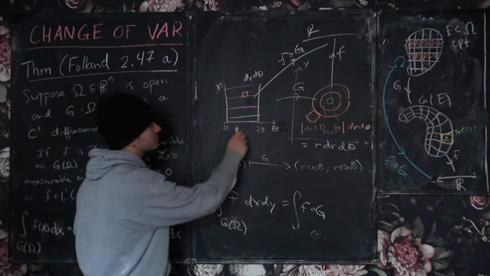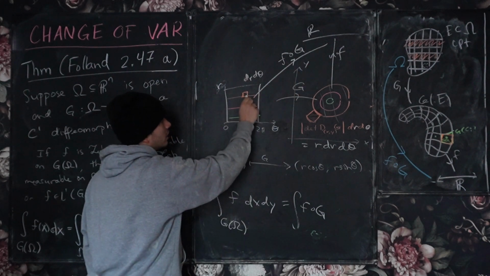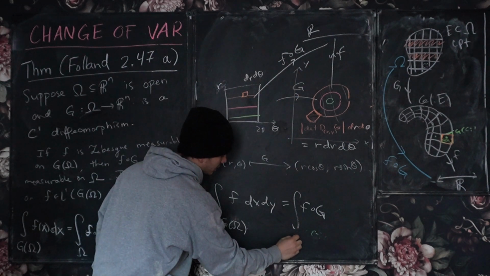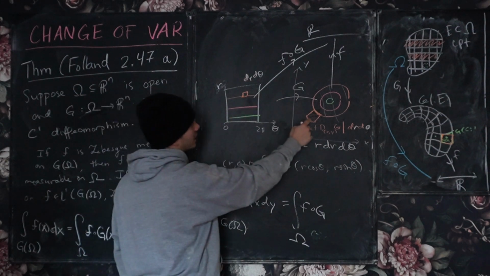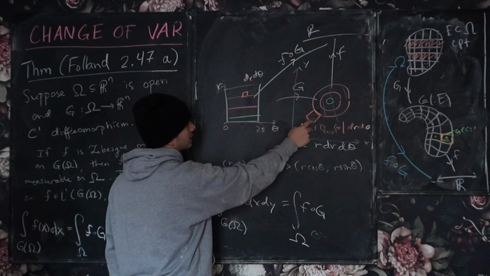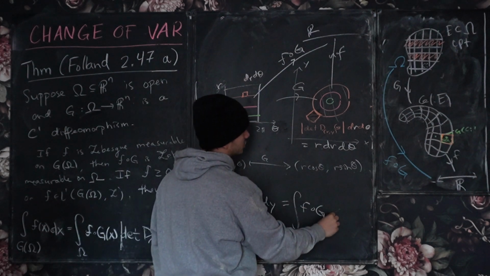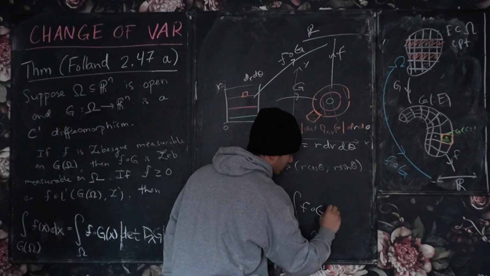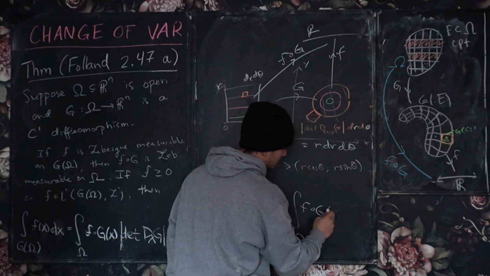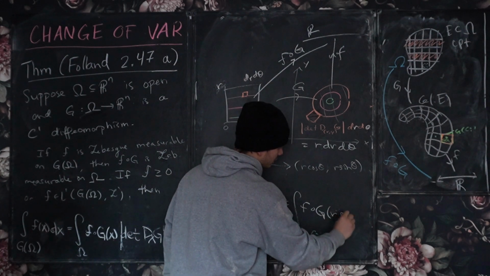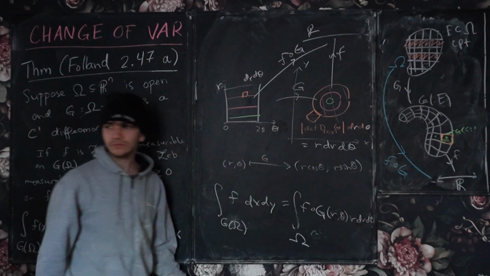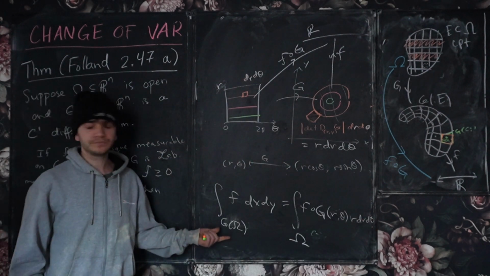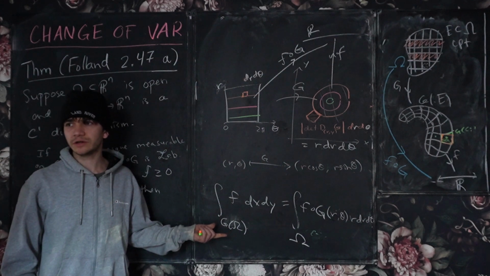Now I integrate this function f composed with G over the region omega, but I need to scale this volume by the magnitude of this determinant. This is r. So now f of G of r, theta, times r dr d theta. And that's exactly polar coordinates.